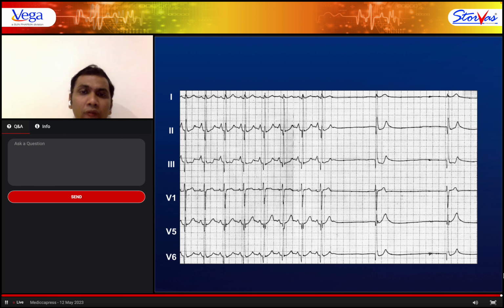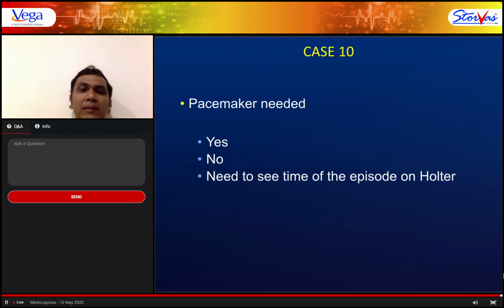Before we make that decision, the critical piece of information that you want to see is what time this particular pause occurs. Is the pause present at night or during the day?